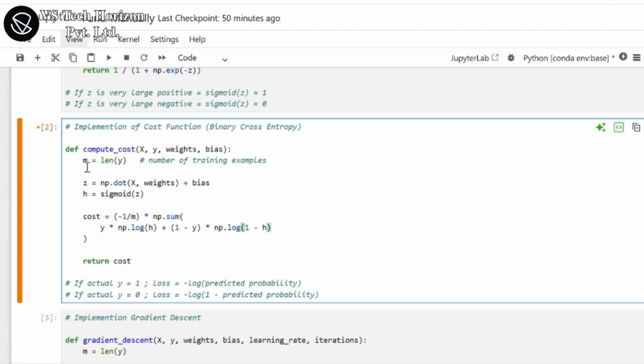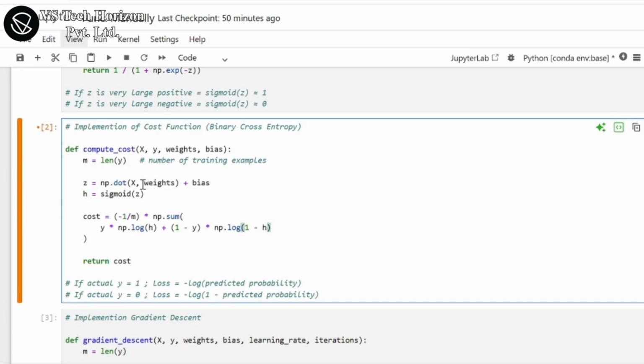Then here, m is the number of training examples. We need this because we want to calculate the average cost, not the total cost, and dividing by m ensures the cost is normalized and not dependent on dataset size. Then we compute the linear equation.